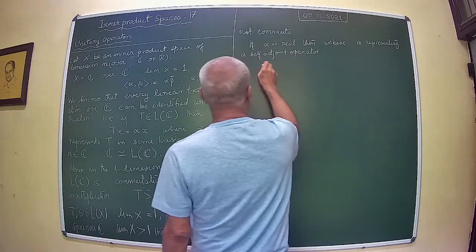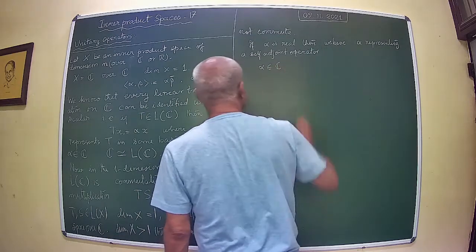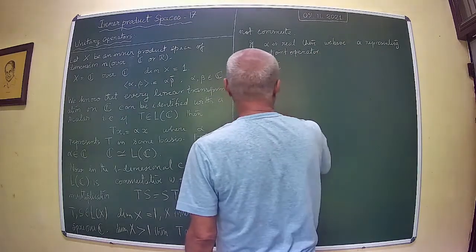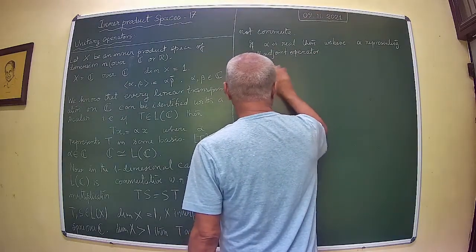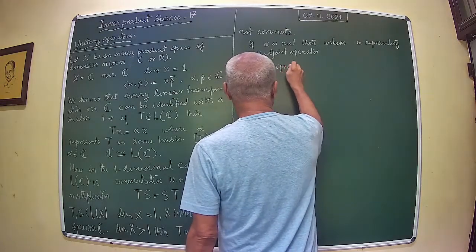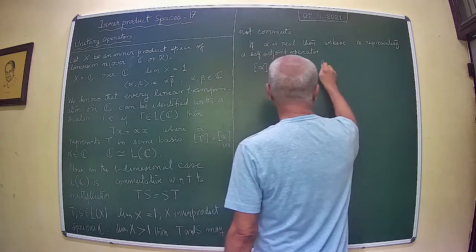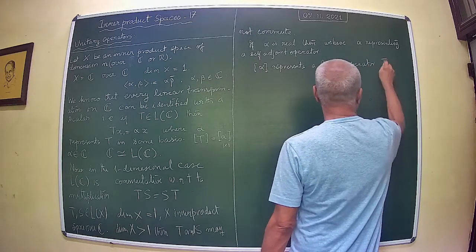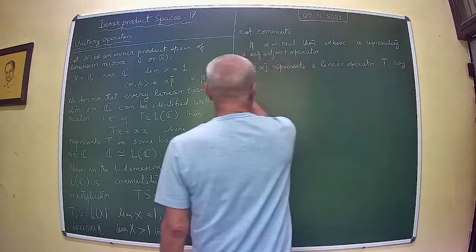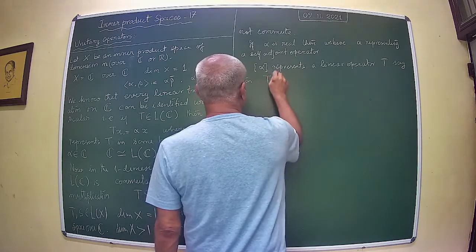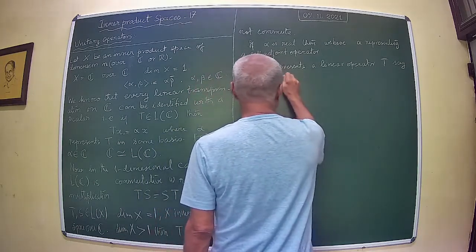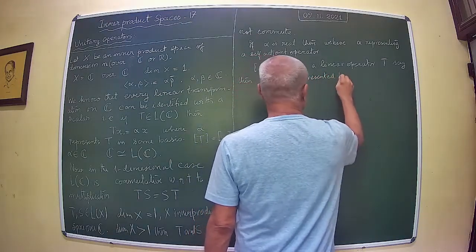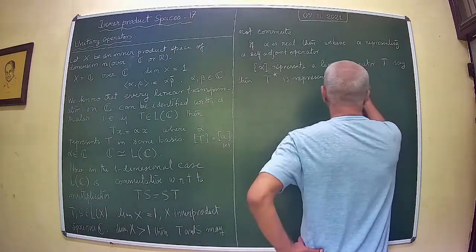This is because if alpha belongs to C represents a linear operator, say T, then T star is represented by alpha conjugate.